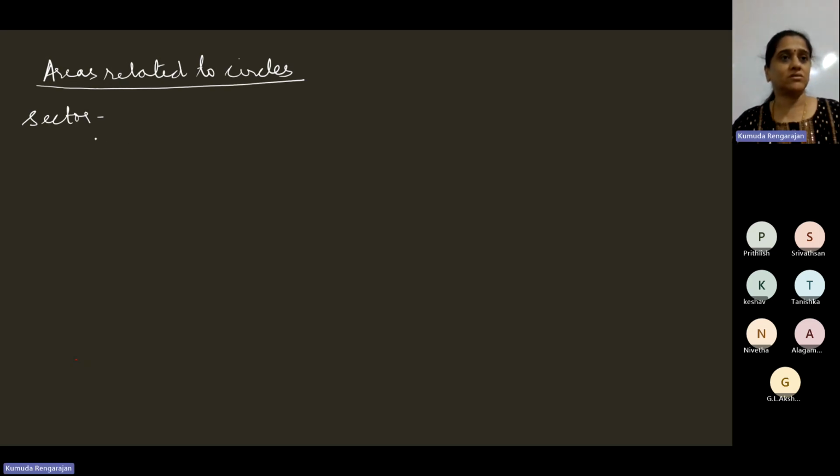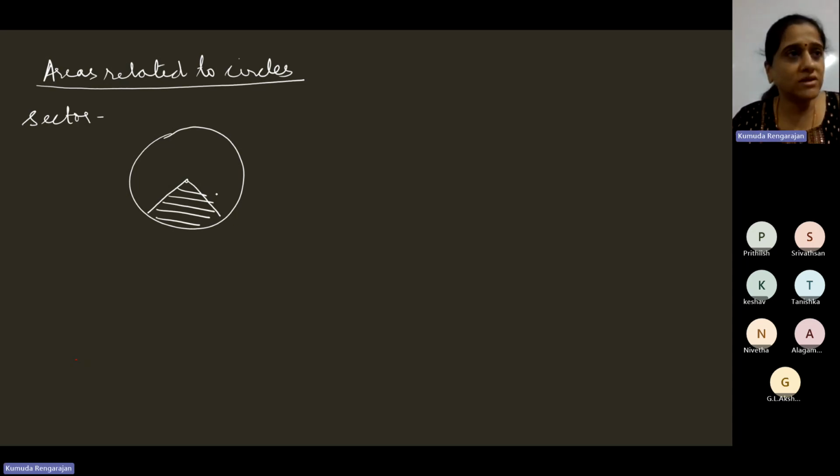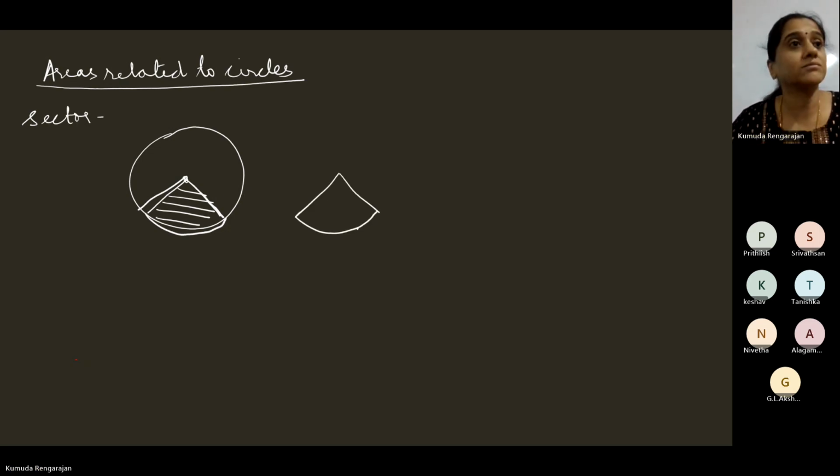Now, what is a sector? What is the sector of a circle? A sector of a circle is a region bounded by two radii and an arc.